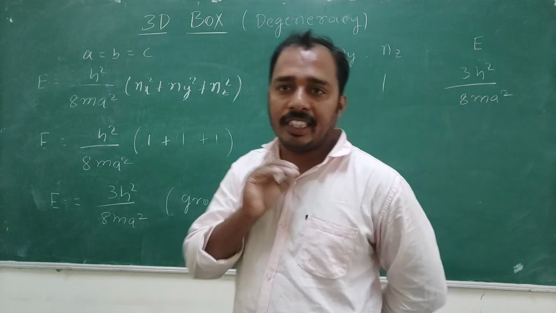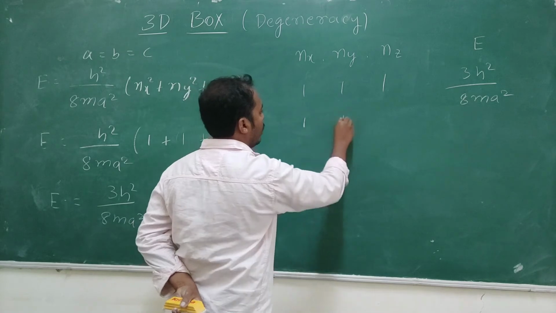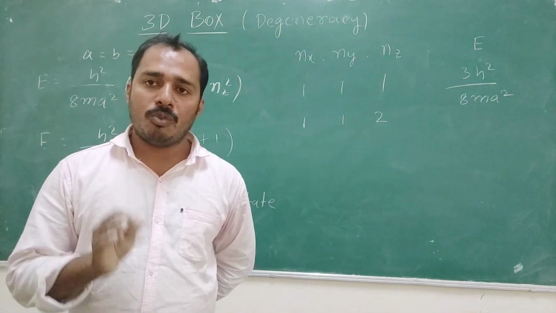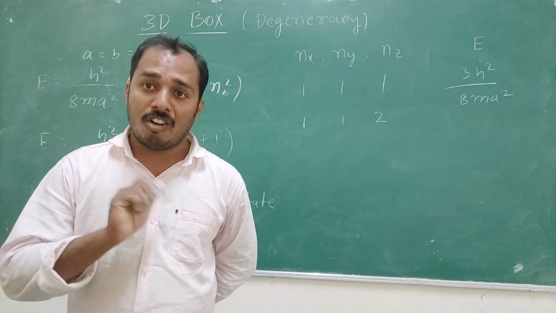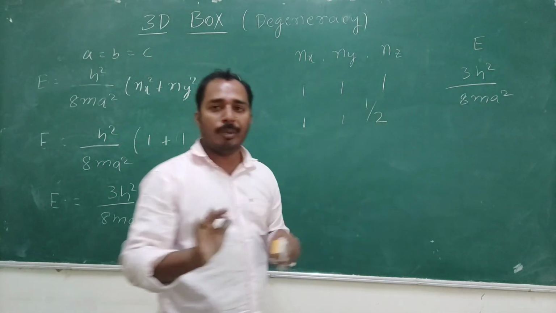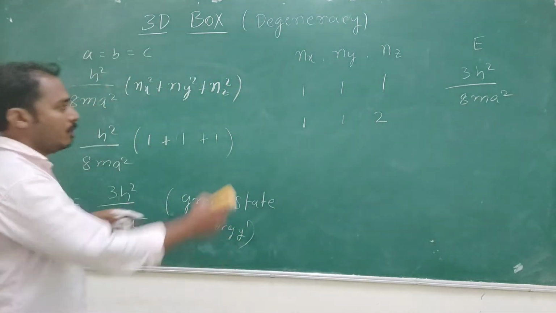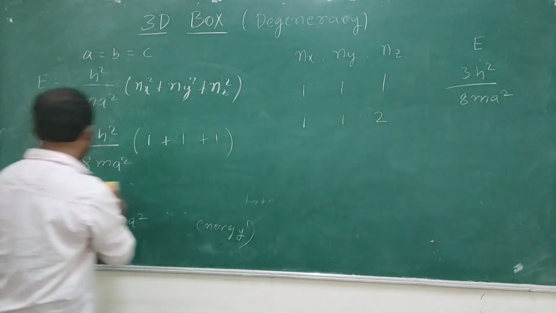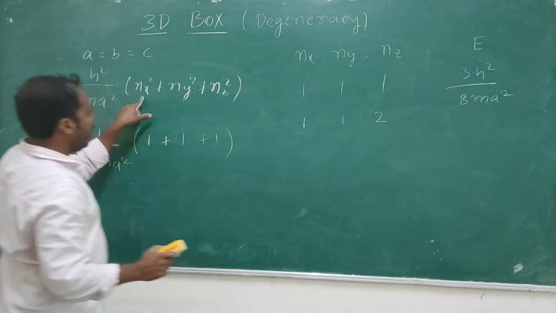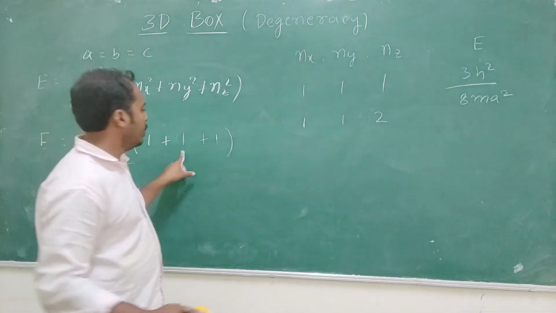Next, the first excited state. The first excited state is 1, 1, 2. Here nx, ny, and nz are integers, not fractions. So I take 2, not 1 by 2. Substituting, nx is equal to 1, so nx square is 1. ny is equal to 1, so ny square is 1.